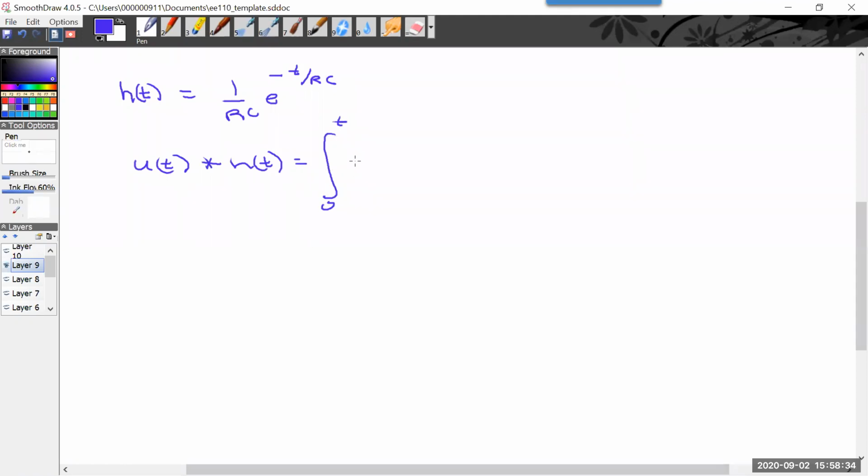The step function becomes 1, and this becomes 1 over RC e to the minus (t minus tau) d tau, and you would evaluate that. With the Laplace transform method, the u of t is 1 now because I'm starting at 0, okay?